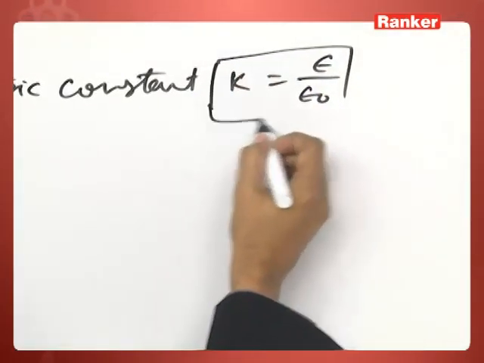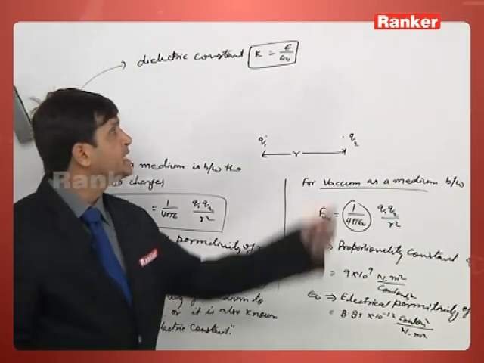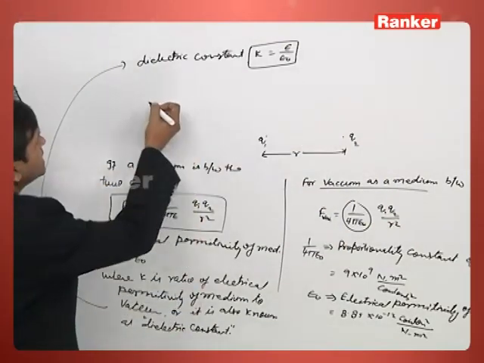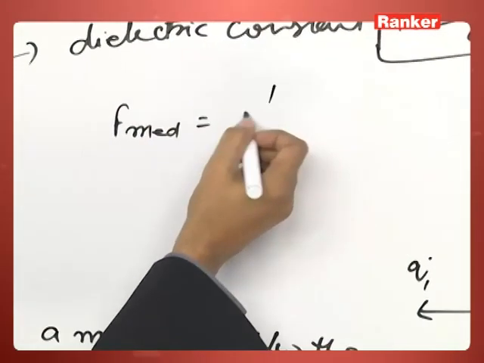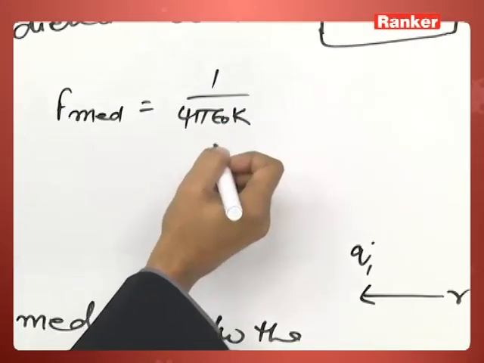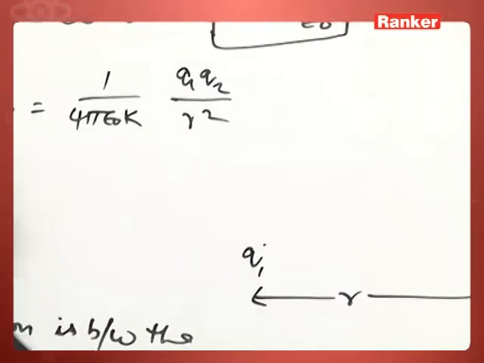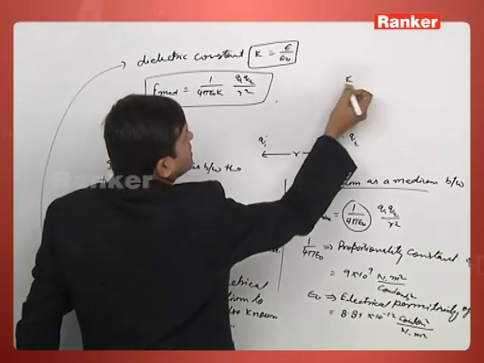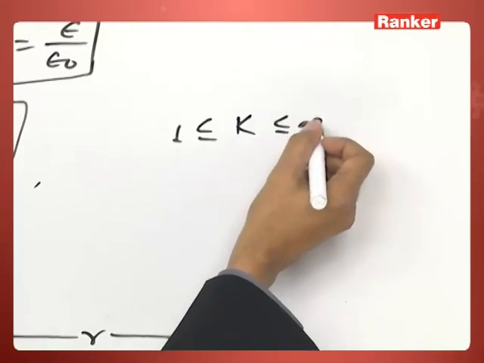It means this is the ratio of the electrical permittivity of the medium to that of vacuum. In these terms, F in a medium can be written as 1 by 4 pi epsilon naught into K Q1 Q2 by R square, and the value of K lies between 1 and infinity.